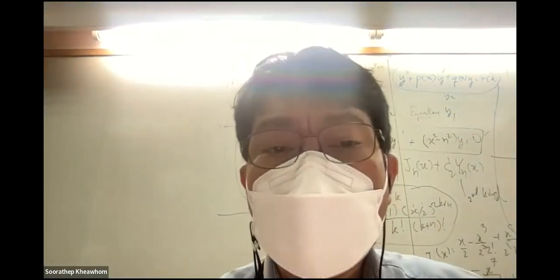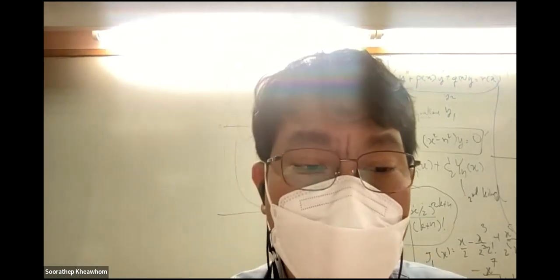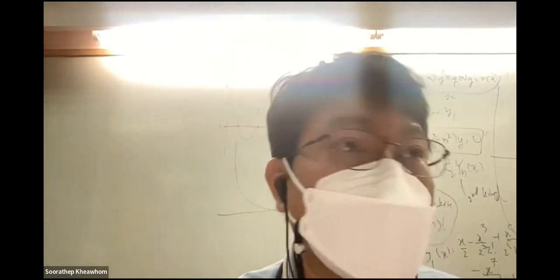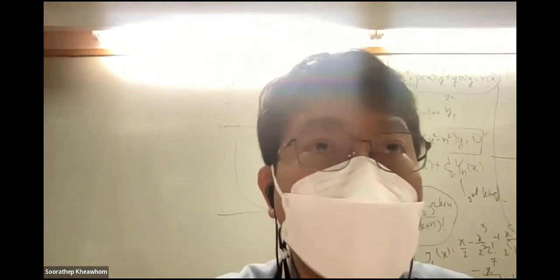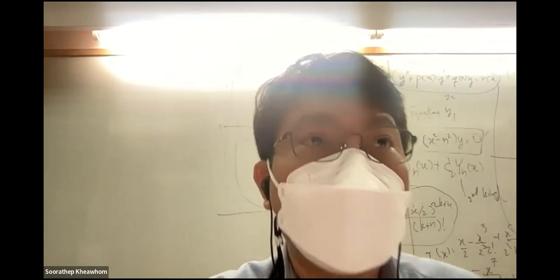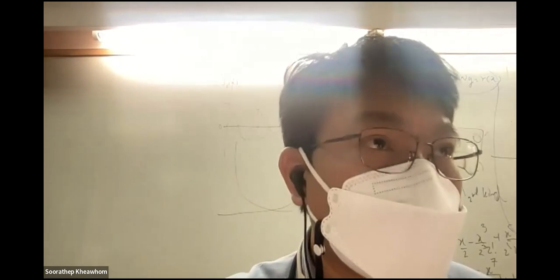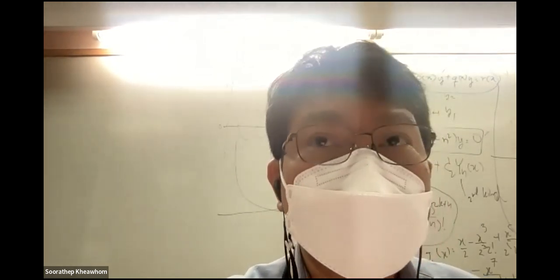Okay. If you watch the video, I introduce the Karush-Kuhn-Tucker also. For the Lagrange method, we use it to deal with equality constraints. But in case we have inequality constraints, we cannot use the Lagrange method.